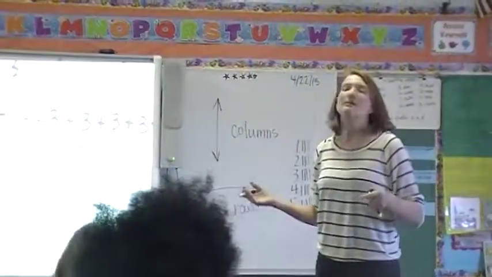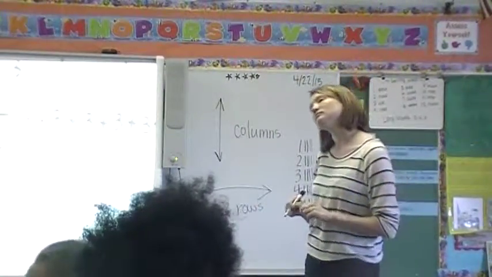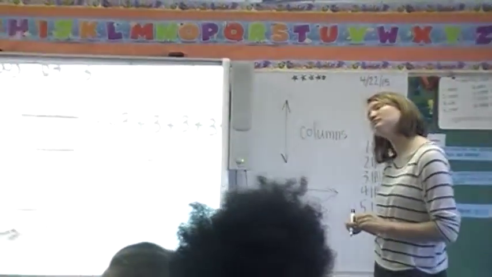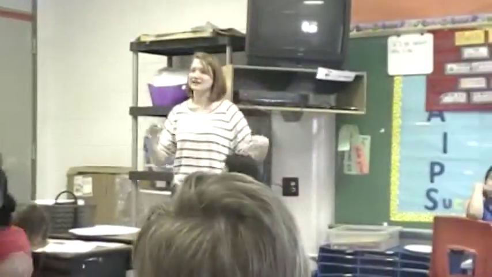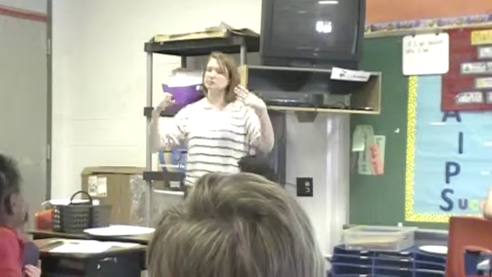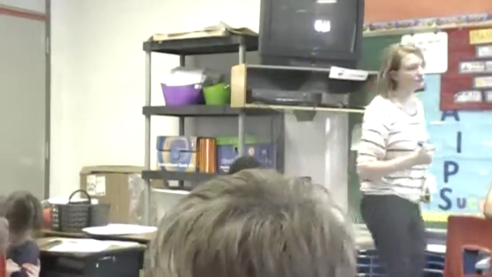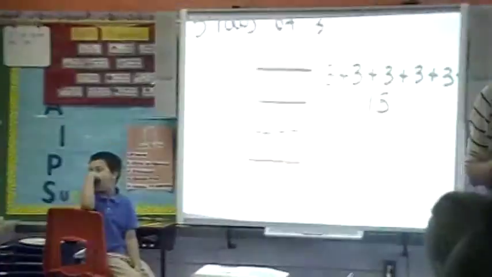But we changed it because now we're doing 5 rows of 3, and it was 3 columns of 5. Perfect. So it's just a different way of grouping them, isn't it? It's the same amount. We just group them differently. All right. Good job.